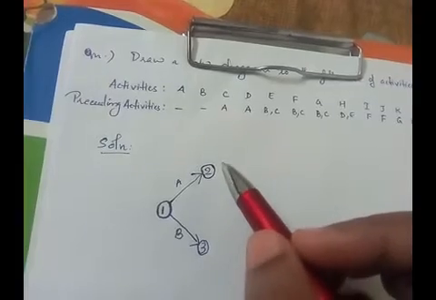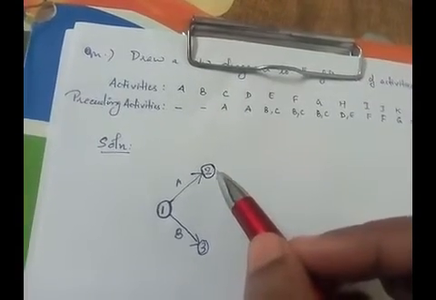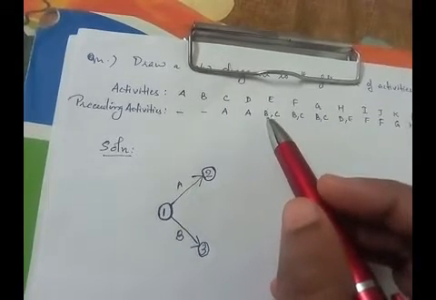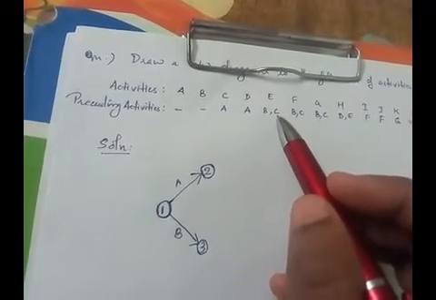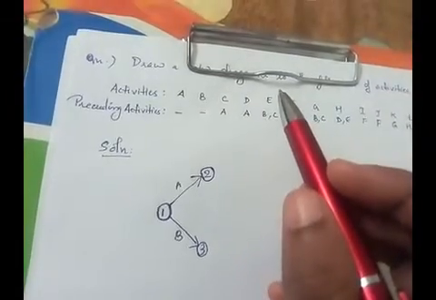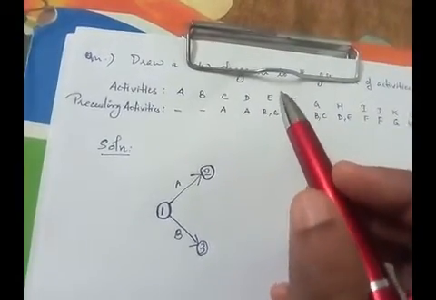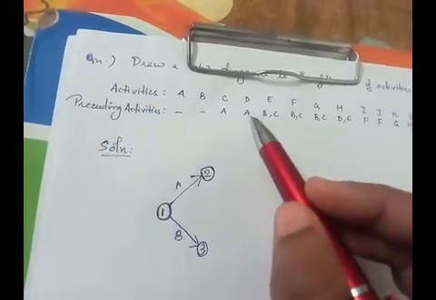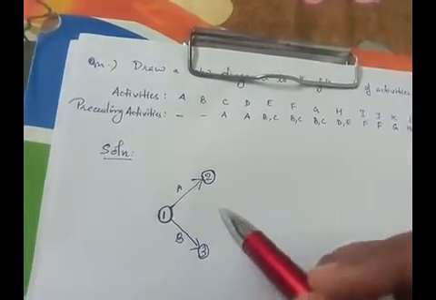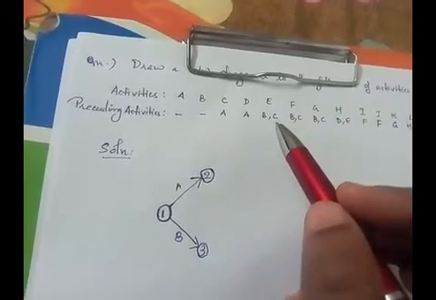So C will start at event 2, but since C is associated with B in the preceding activities, that means activity E can start only after the completion of B and C. So C should end at the same event where B has ended.